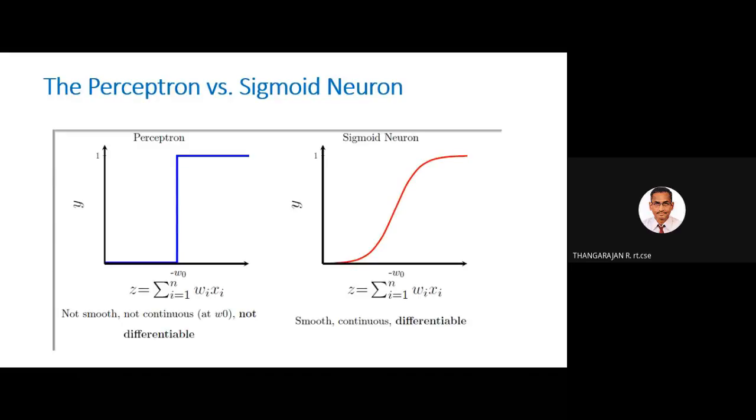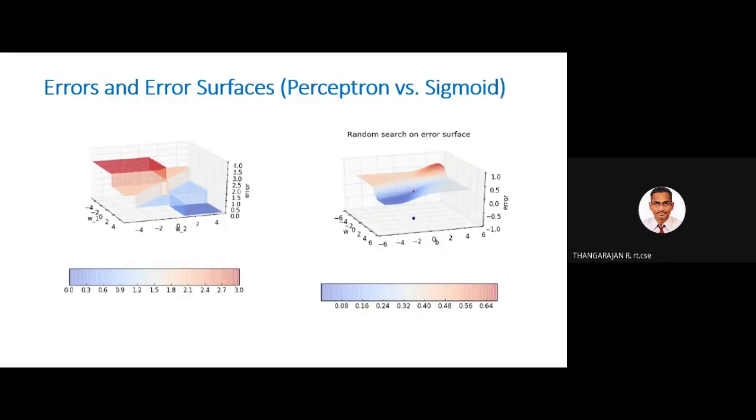So this is the error, and the error can be represented as a surface. You see for different weights, W1 and W2 are two different weights, and by adjusting the weights I can reduce the error. And of course, I will choose the lowest error. So this is a contour drawn here.